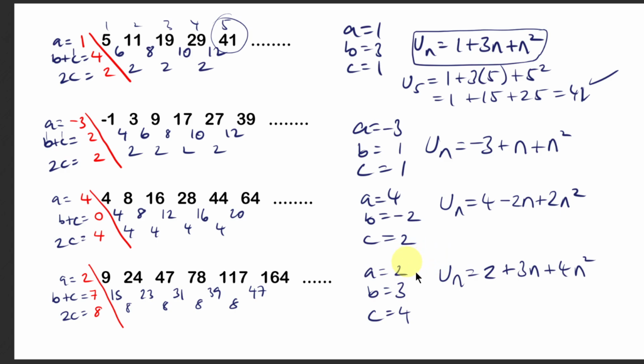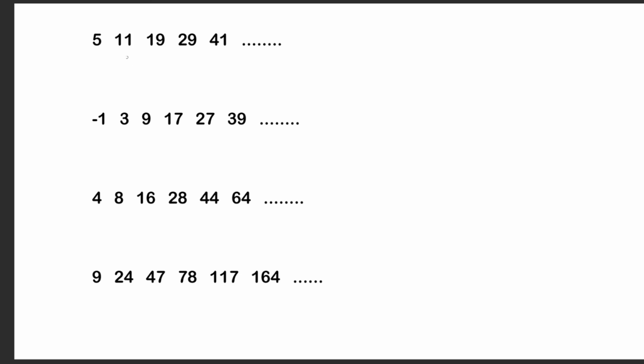Hopefully it's fine. Okay, so let me show you the other method, the second method. It's actually going to be easier to show you on an example. In fact, I'm going to use the same examples so we can check our answers. So this method starts off exactly the same. So we find the differences.